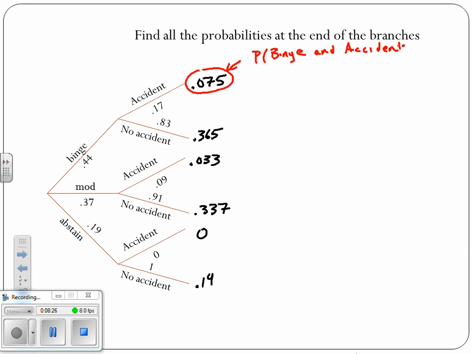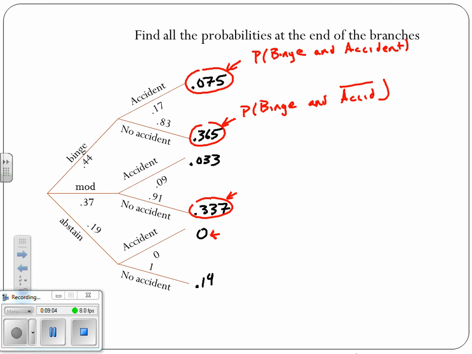Another way to think about this, 7.5% of the students on campus would say that they've done binge drinking and they've had an accident that was their fault. 36.5% of the students on campus will admit to binge drinking, but they have not caused an accident. 3% would classify themselves as moderate drinkers and have caused an accident, while 33.7% are considered moderate drinkers, but they haven't caused an accident.